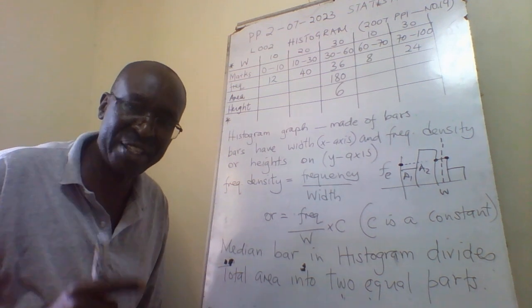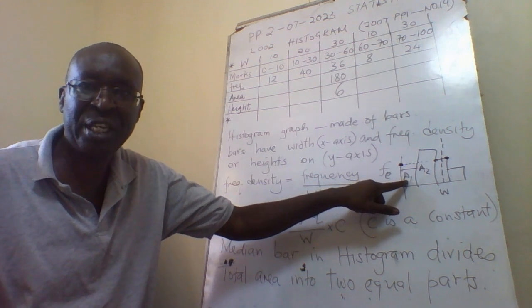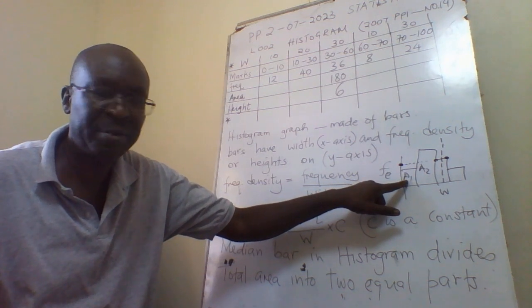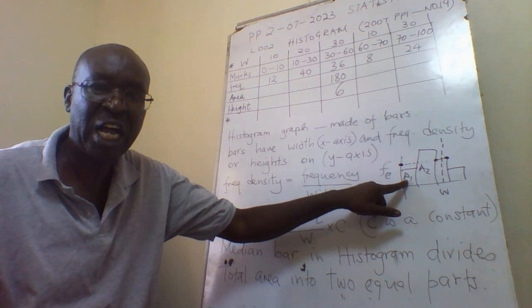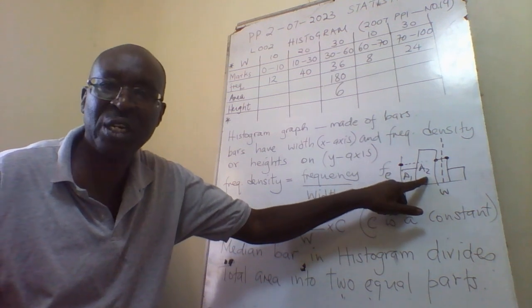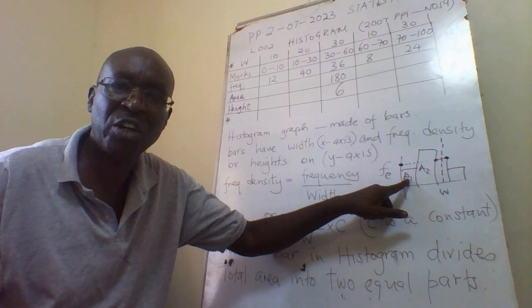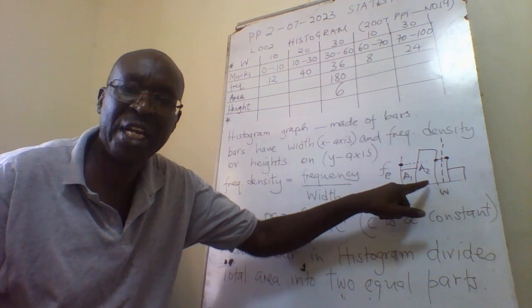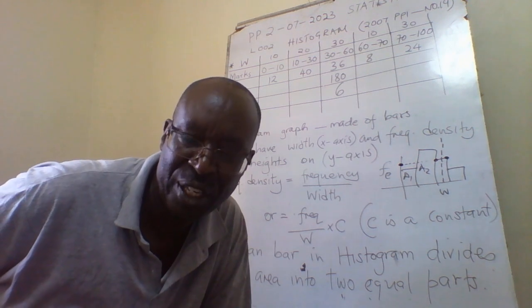Then analyze from the first area. If this area is 40, the next one is 200. So 40 plus 200 is 240, not yet 350.